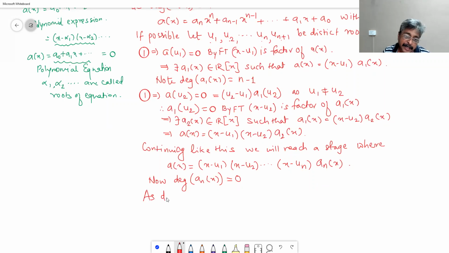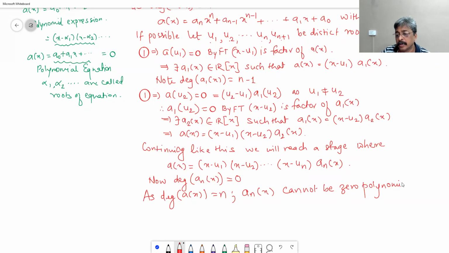As the degree of a(x) is n, an(x) cannot be the 0 polynomial, otherwise it will make everything 0 and a(x) will not have a defined degree.